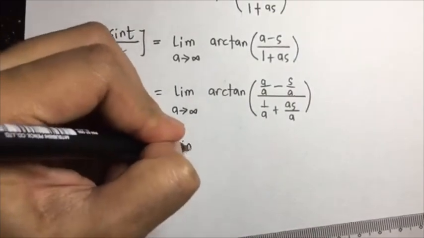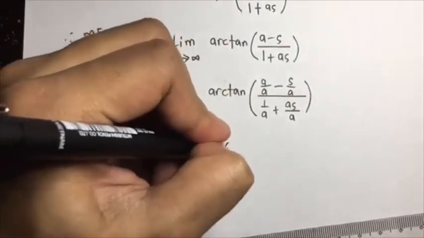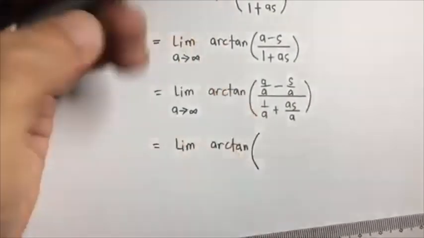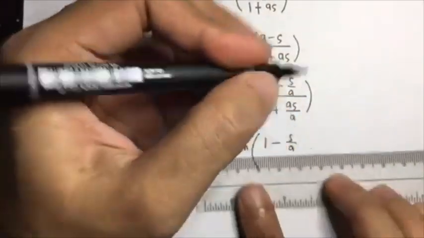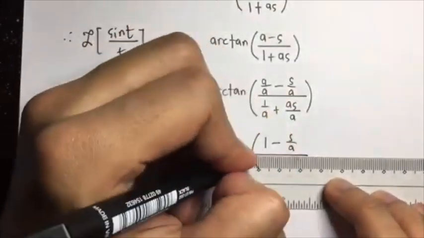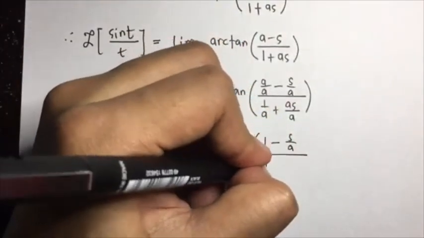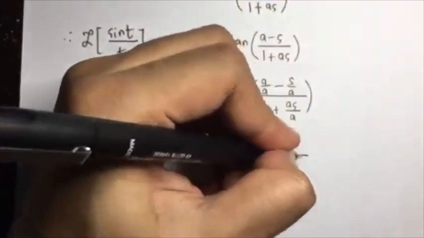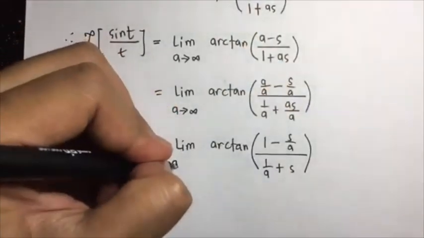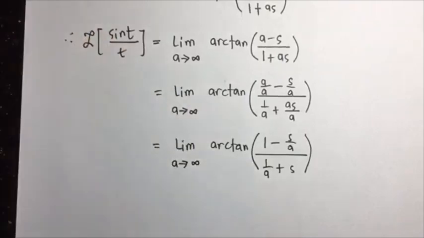Simplifying, this becomes the limit of arctan of a over a is 1 minus s over a over 1 over a plus, canceling out a, plus s, as a approaches infinity.